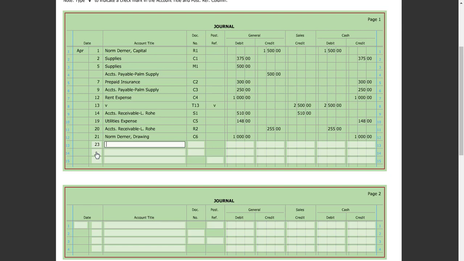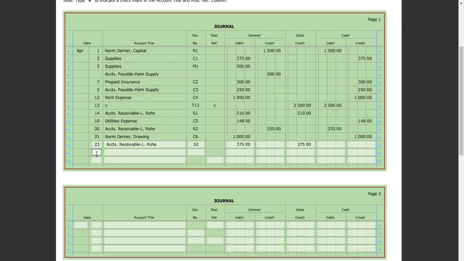Okay, so we're going to go ahead and do accounts receivable, L. Rowe. Source document is going to be S2. You said sales. There's only one column for sales, so it's going to be sales as a credit for $375 and general debit for $375.